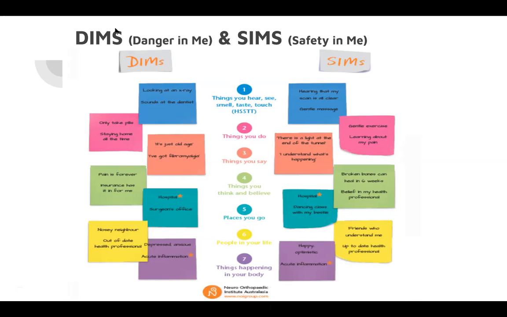And how one side represents danger and thoughts that would provoke that painful experience, and then safety in me, which would provoke that parasympathetic response, which is calming, relaxing, and will help to reduce the pain and allow for healing and allow for those neuroplastic changes to occur.